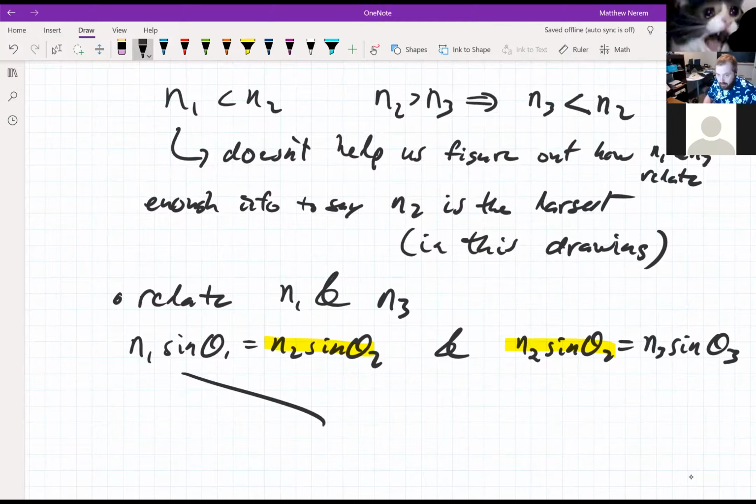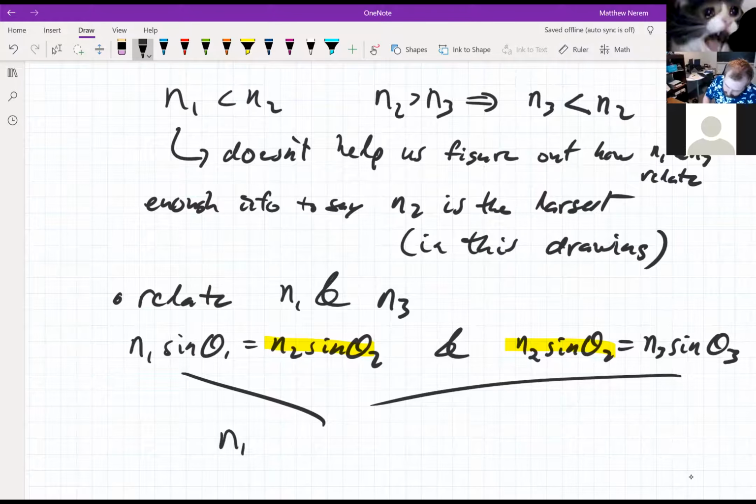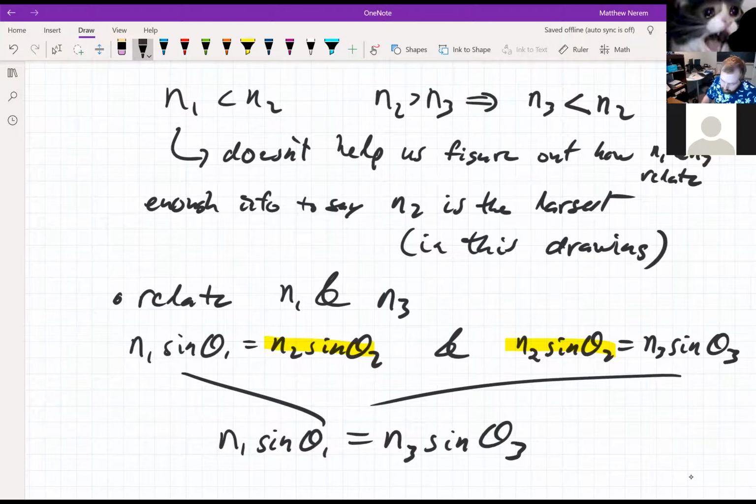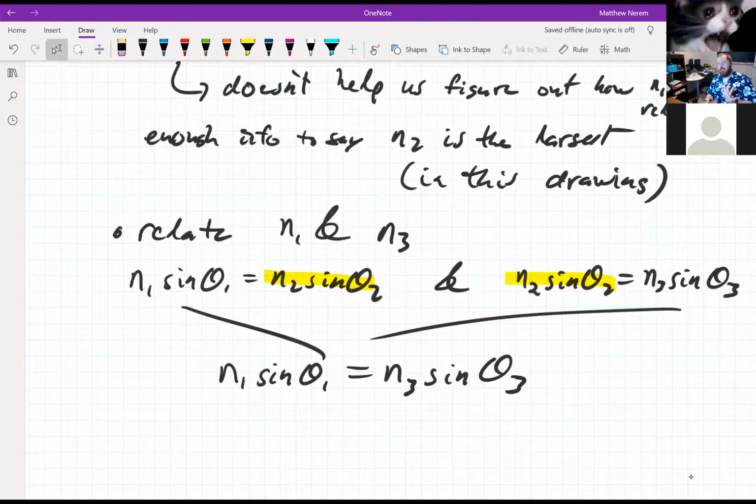So we can cut out the middle guy and say N1 sine theta 1 is N3 sine theta 3. Basically, it's as if the middle block isn't even there for the purposes of these angle calculations.